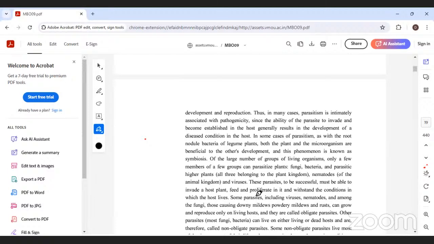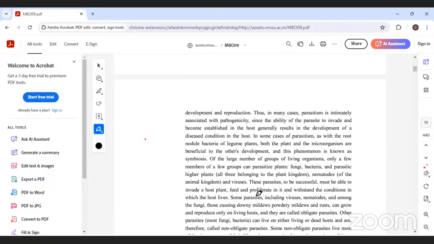Root nodules of bacteria in legume plants: both plants and microorganisms are beneficial to each other's development, and this phenomenon is called symbiosis. In symbiosis, both are beneficial.